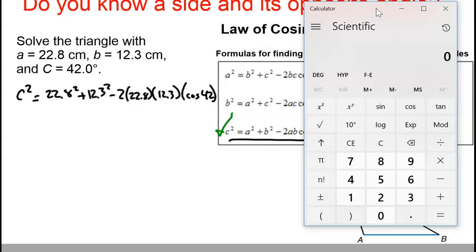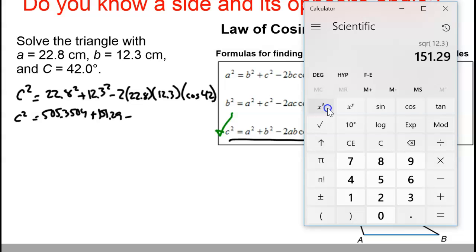So let's go ahead and get 22.8 squared. C squared equals 505.3504 plus 12.3 squared, 151.29.